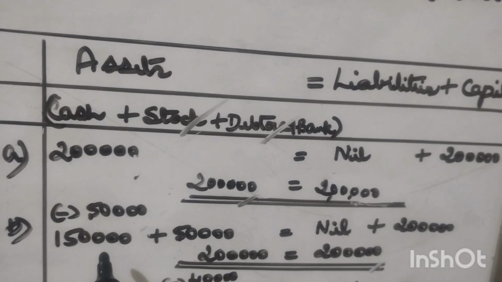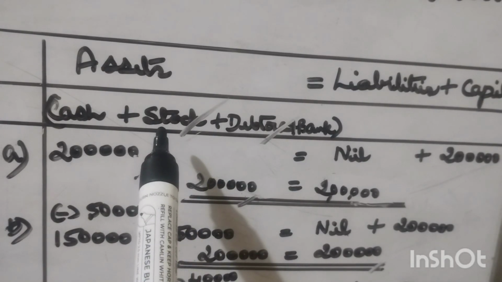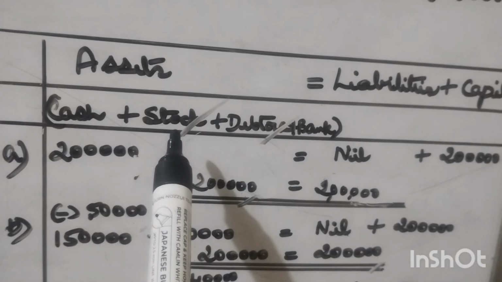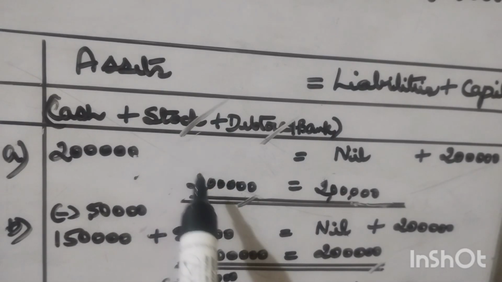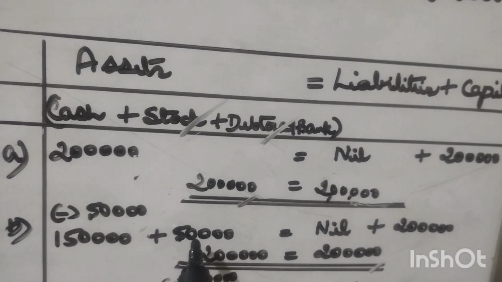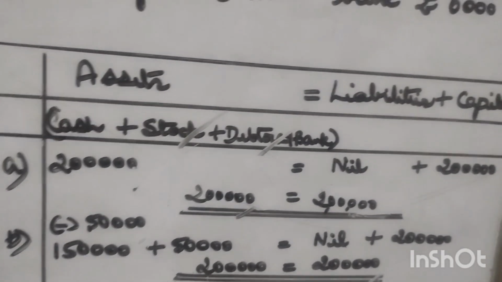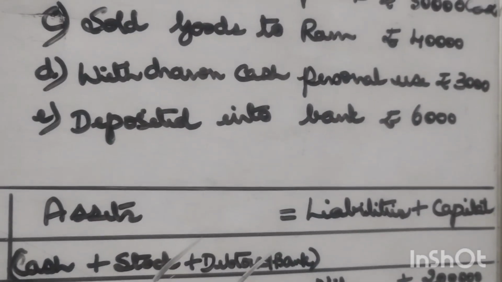Now the present cash balance will be 1,50,000. There is an arrival of stock when the goods are purchased. Stock is also an asset. So show that stock. Next, liabilities of the firm is nil. Capital amount will be 2 lakh. So 2 lakh is equal to 2 lakh. So that is the second accounting equation.